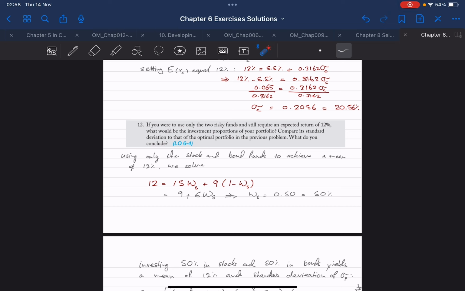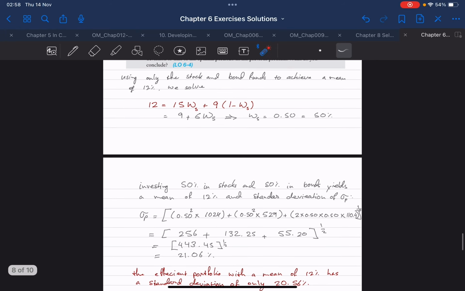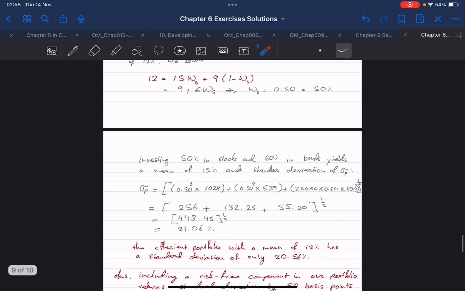We found the optimal allocation weights to be 50% for the stocks and 50% for the bond fund. And based on that, since we are targeting the same expected return of 12%, we managed to find the standard deviation of that portfolio.